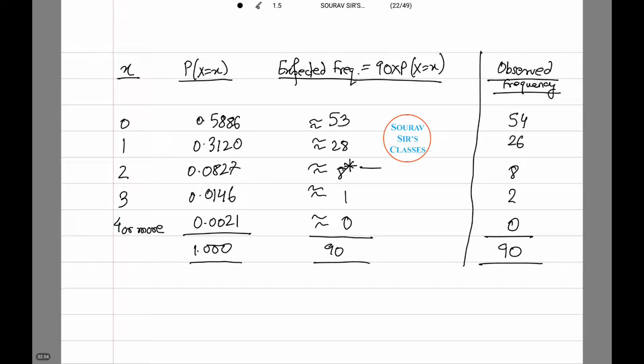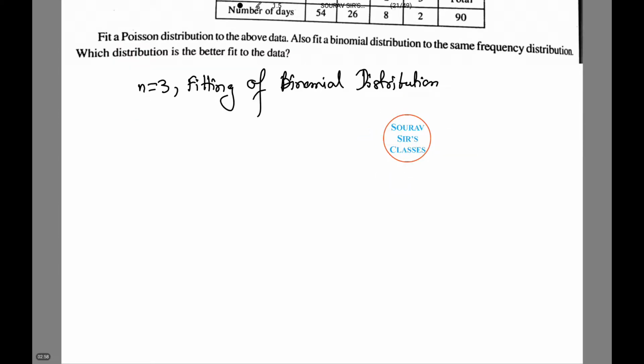Now we do the binomial probabilities. Now we fit a binomial distribution with n equals 3. The estimate of p, which is p hat, equals x bar by n, which equals 0.53 that we had calculated, divided by 3, which roughly translates to 0.18.